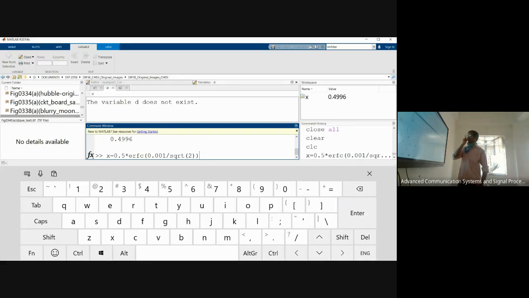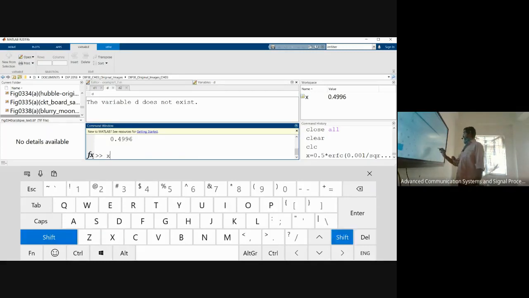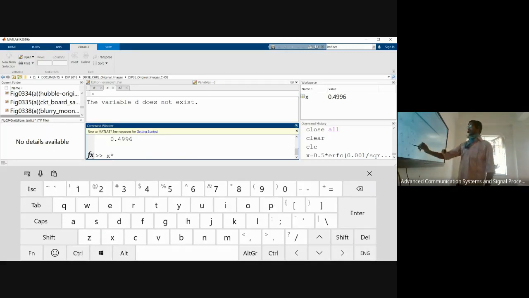What I would like you to do is multiply the answer with 0.449. Okay, let me do this: x multiplied with SQRT of 2.